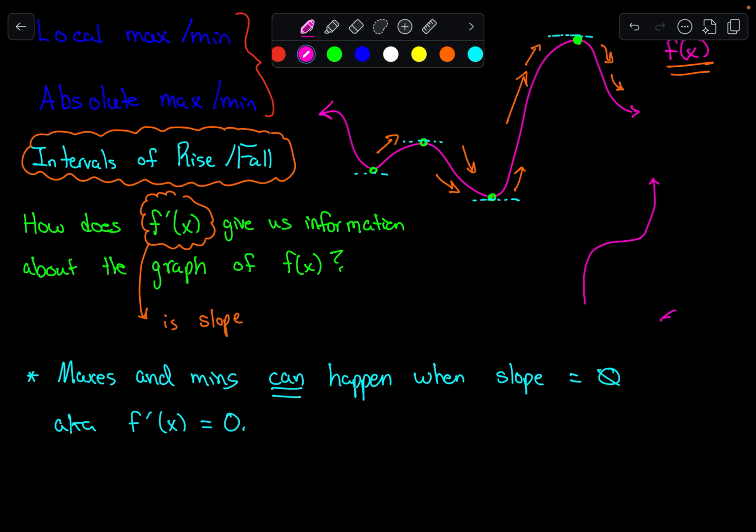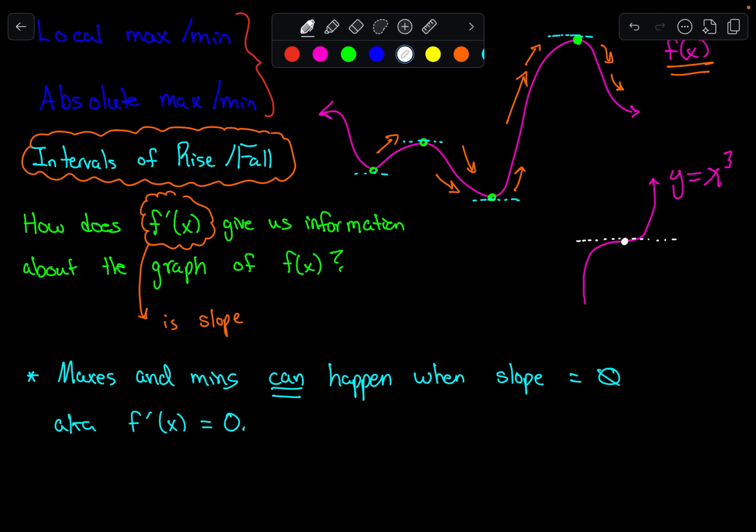You'll notice it does not have any maximums or minimums, but right here in the middle, the slope is flat.